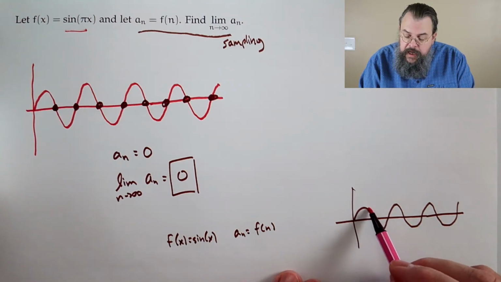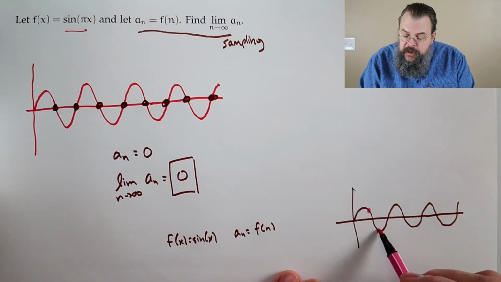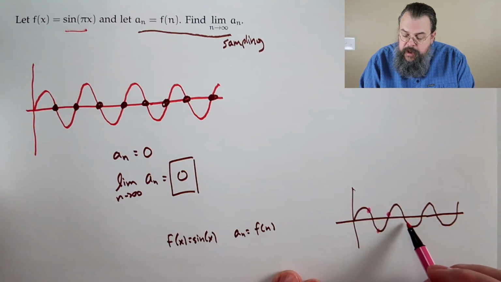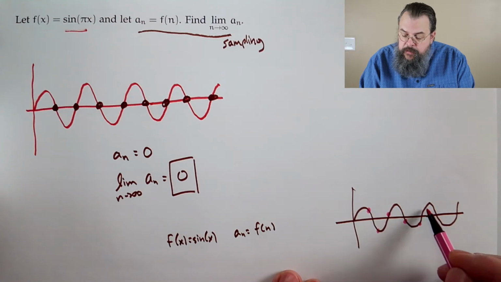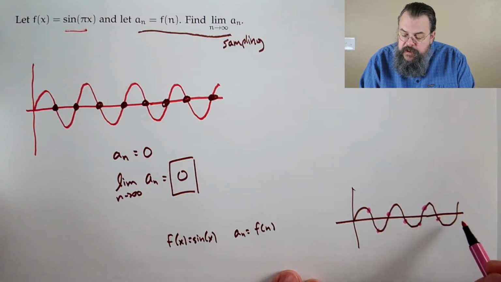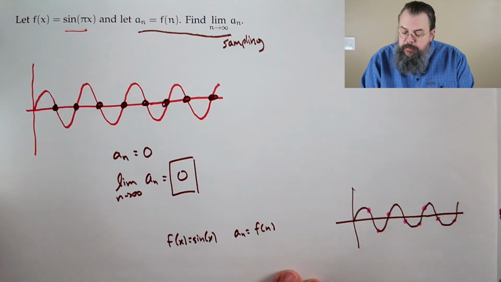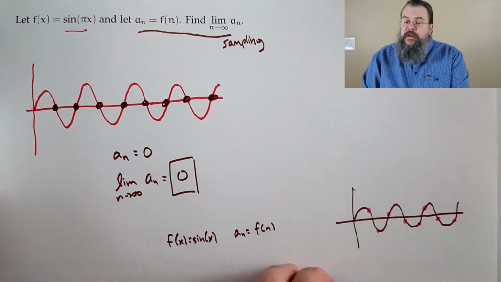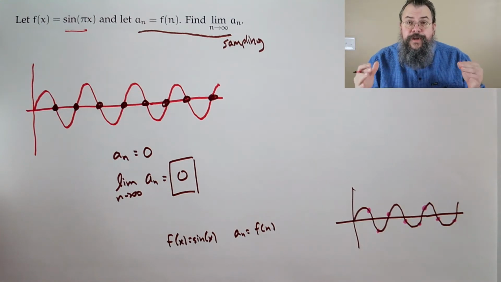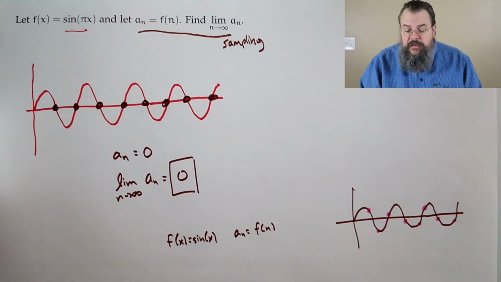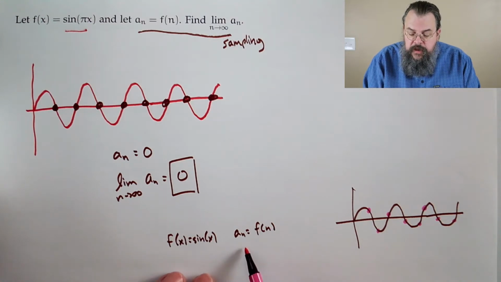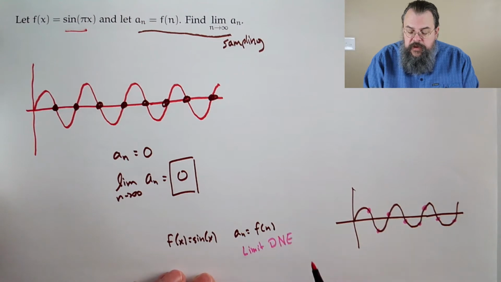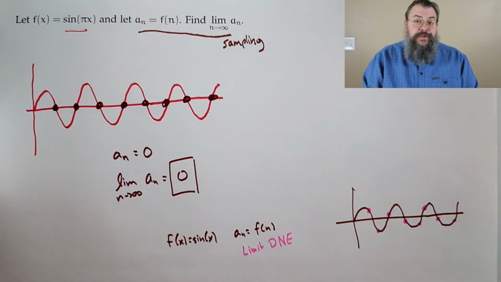Well, sine is periodic of period 2 pi, right? It repeats every 2 pi. But what you see here, of course, is 2 pi and 1 don't really get along well. So you sometimes might be close to 0, sometimes might be far from 0, and so you don't really know. In fact, it turns out in this case, there would be no limit. The limit would not exist. So be careful. Things matter, and pay attention to the function.